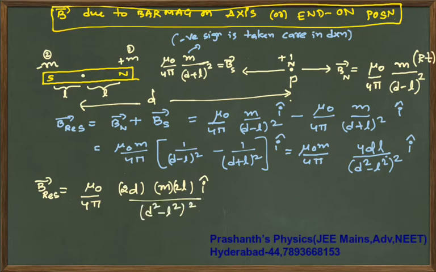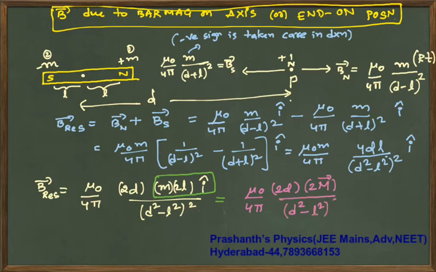Now observe very carefully. Look at this m into 2l into i cap. I cap direction means it is along the positive x axis, towards right. Pole strength into length, m into 2l, is your magnetic moment M. So that will give you mu naught by 4 pi into 2d into magnetic moment M bar by (d square minus l square) whole square.